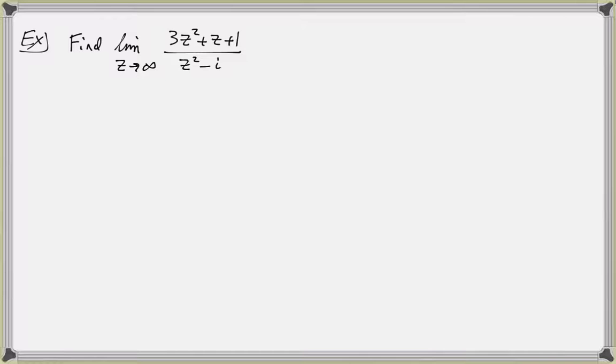So this limit, if this limit exists, will equal the limit as z approaches 0 of the expression (3 times 1 over z^2 + 1 over z + 1), all divided by ((1 over z)^2 - i).